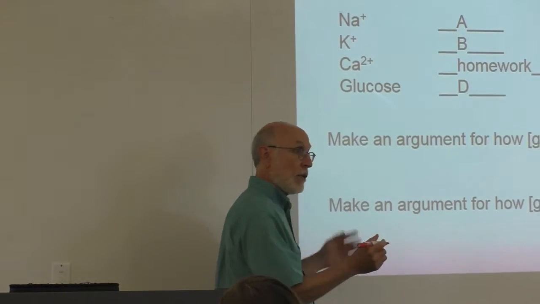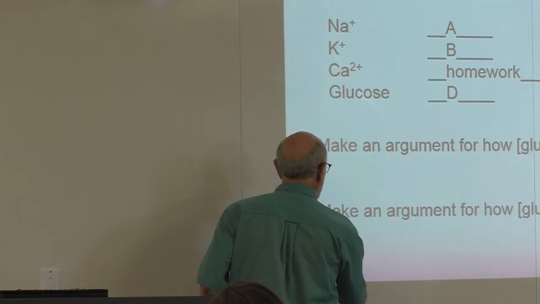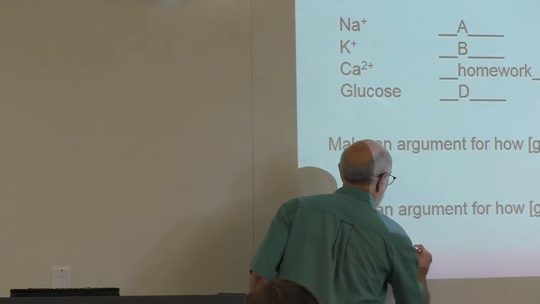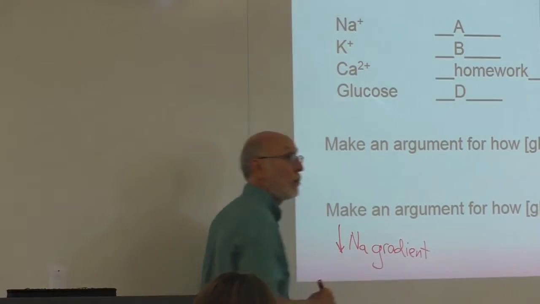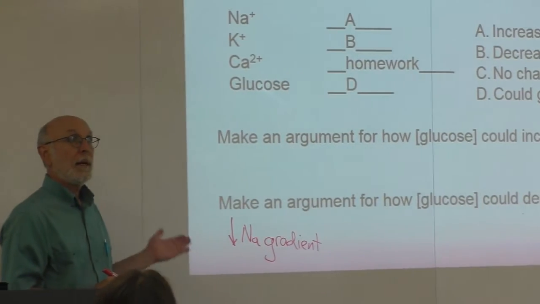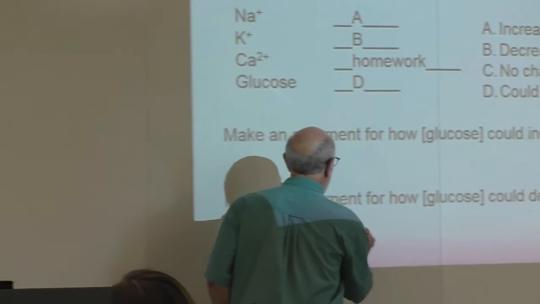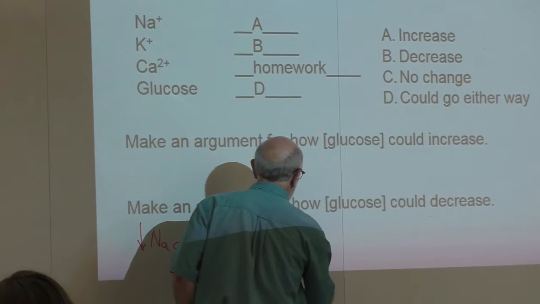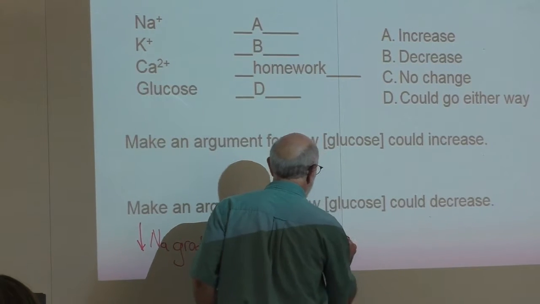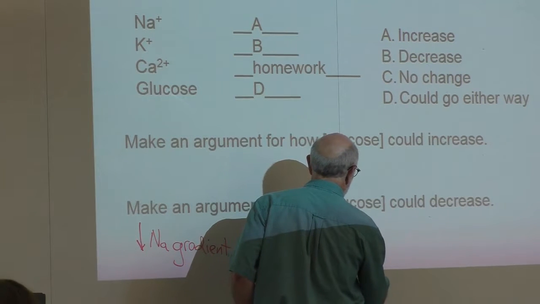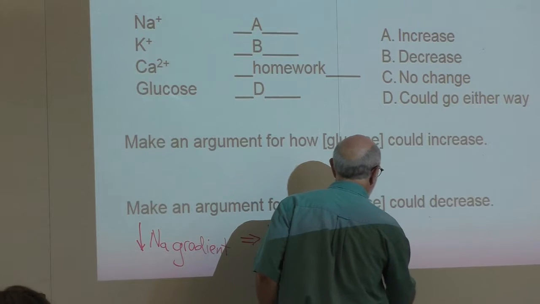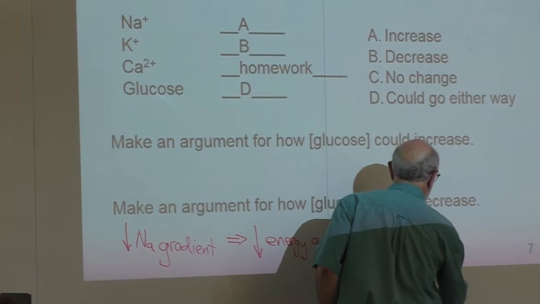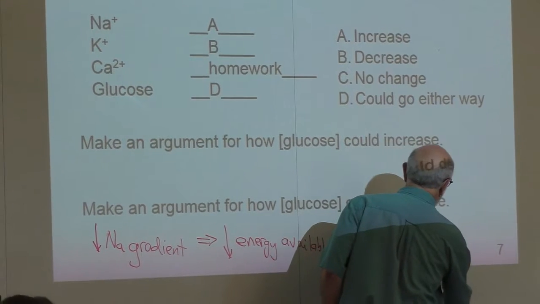Because, and here's how it would be: if we decrease the sodium gradient, which is what inhibiting the pump would do, inhibiting the sodium gradient would inhibit the energy available for the sodium glucose co-transporter.